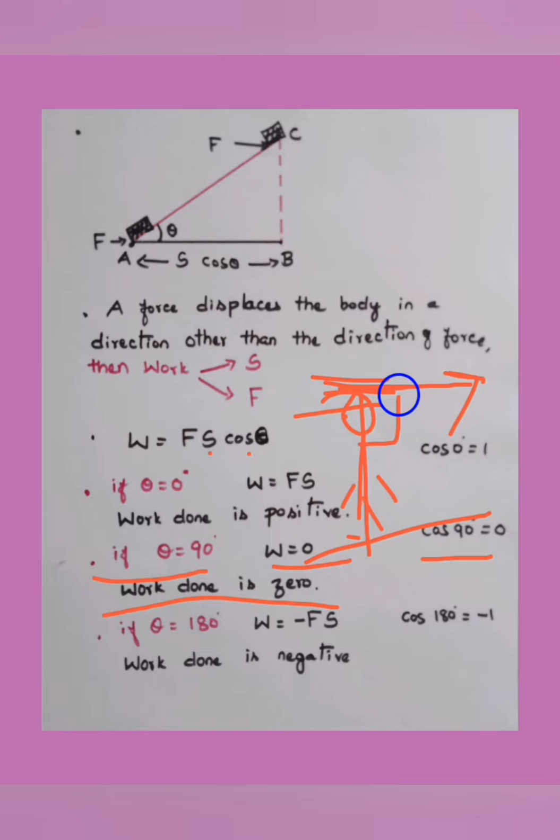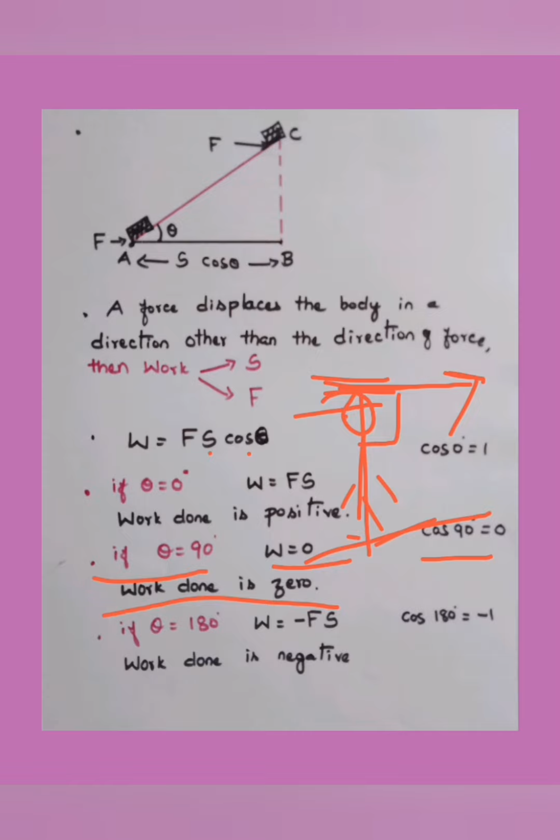In this case the angle is 90 degrees, hence the work done is 0. There is no work done against the force of gravity. He does some work against the force of friction, that is different, but the work done against the force of gravity is 0.